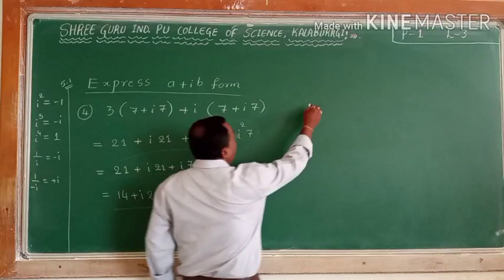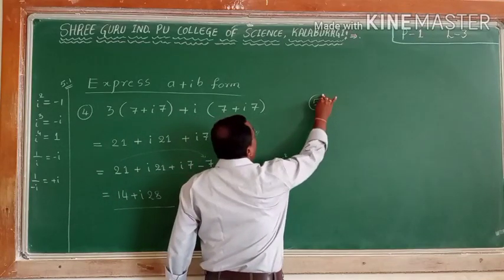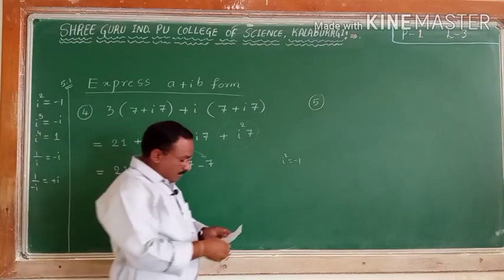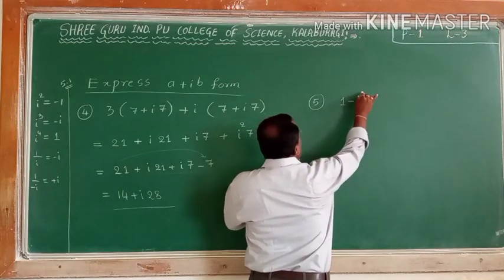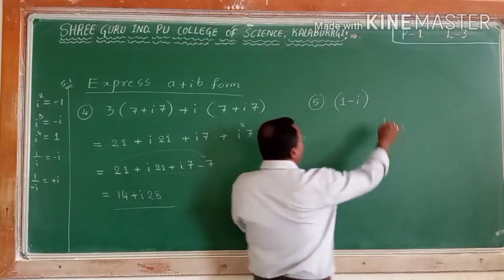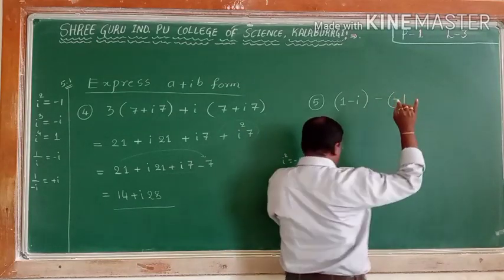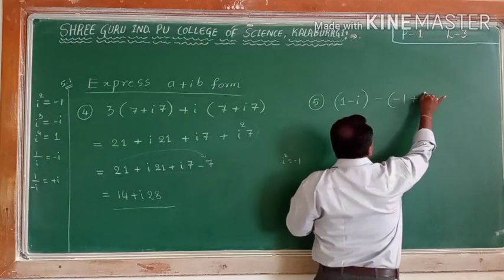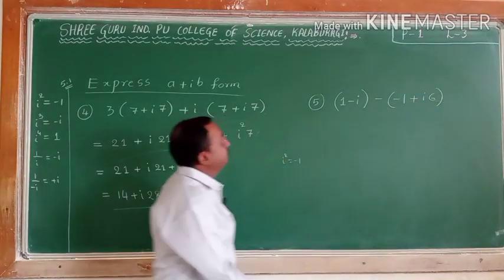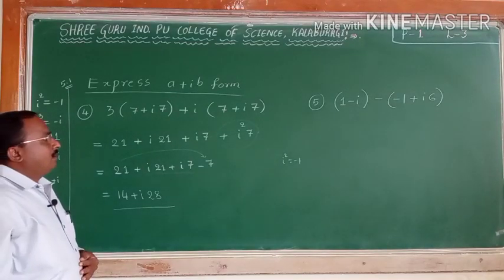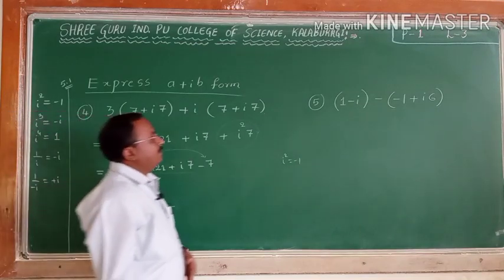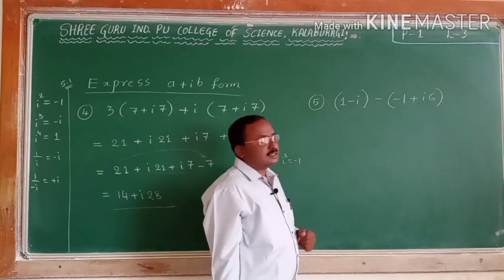Next, example number 5. 1 minus i minus 1 plus 6i.